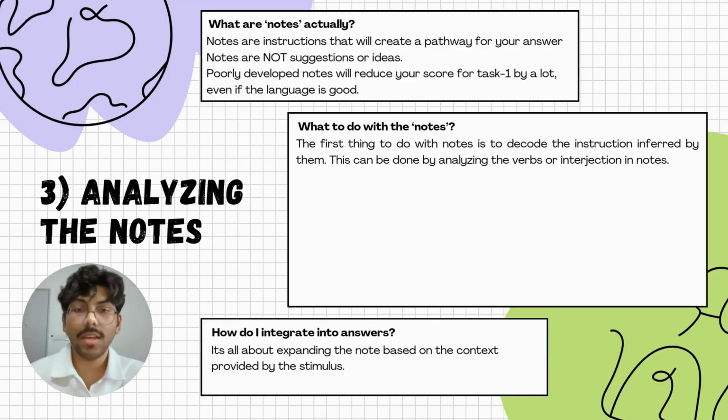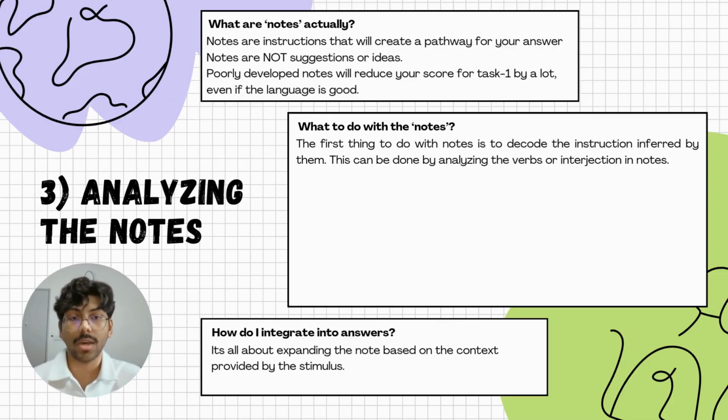And thirdly, the final step of analyzing questions is analyzing the notes. So honestly, there's not much to do with notes before beginning to answer. But what you can do is understand what each note implies. Describe, for example, means giving detailed information. Well done means praising for action or effort.